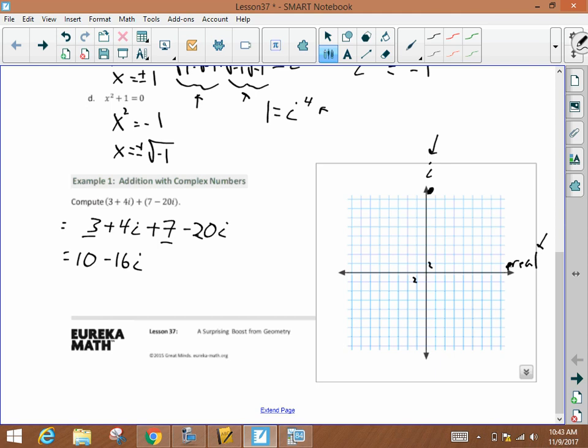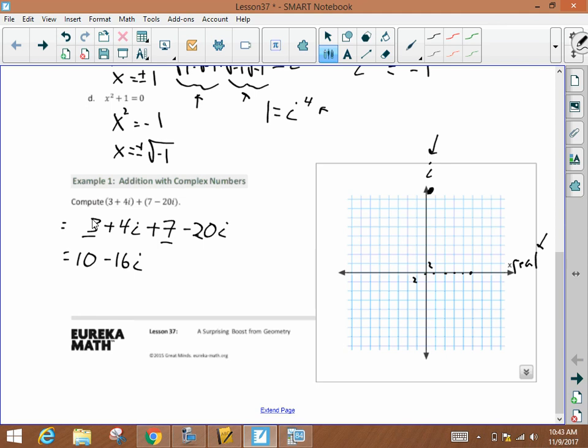I'm going by 2s. So 2, 4, 6, 8, 10. And then I will go down 2, 4, 6, 8.